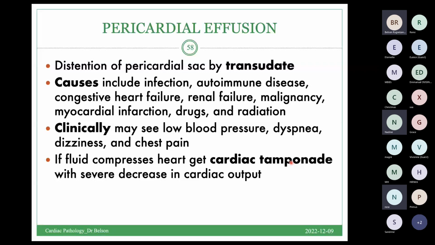So when proteins have high concentration in this fluid as compared to the plasma, then it is called exudate. So this can be caused by infection, autoimmune disease, the heart problem itself, congestive heart disease, renal failure, cancers, myocardial infarction, drugs, radiation, and so on.